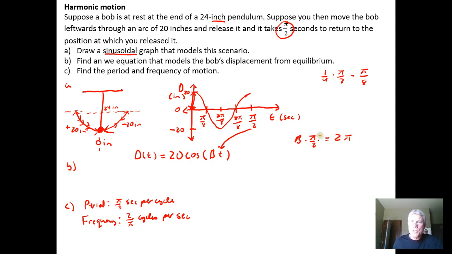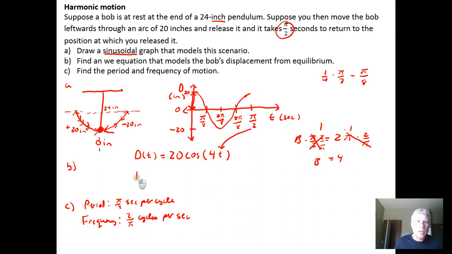We'll multiply both sides by the reciprocal of pi over 2, because when we multiply things by their reciprocals we get 1. 1 times b is b. Pi divided by pi is 1. 2 times 1 times 2 is 4, so b equals 4. And there's a cosine model.